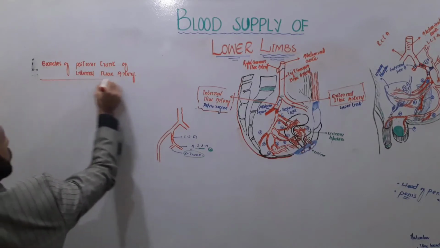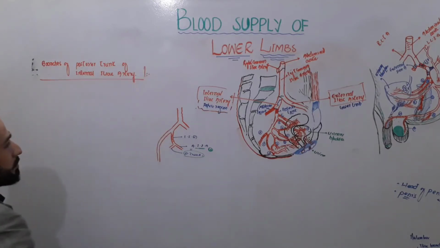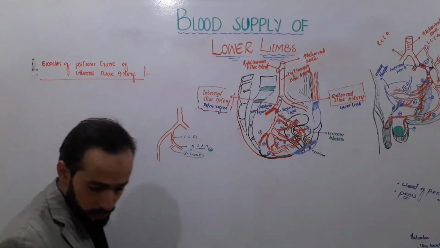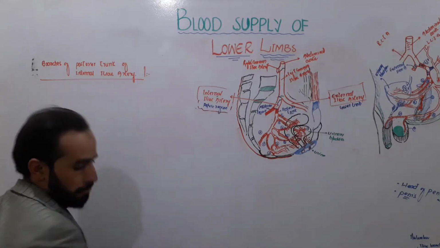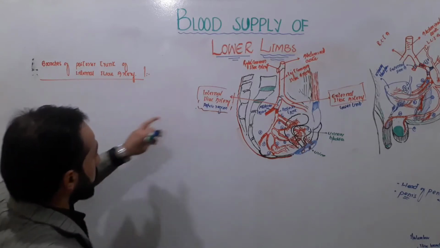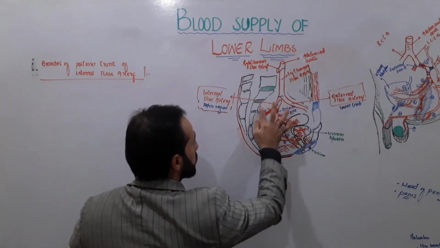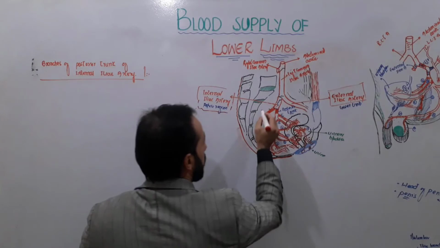Right, friends. So let us carefully discuss all these branches. This posterior trunk, friends, gives off 3 branches. This posterior trunk gives off 3 branches. Let me mention them here.